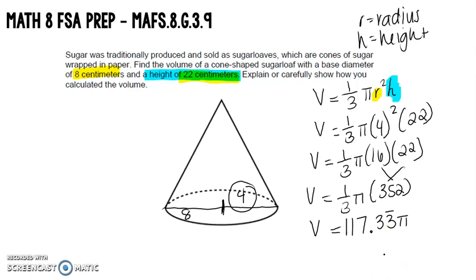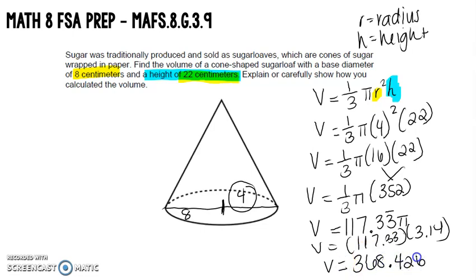And then I'm going to multiply that by pi, and pi is 3.14. So when I multiply these, I get approximately 368.426, and they gave us centimeters cubed.